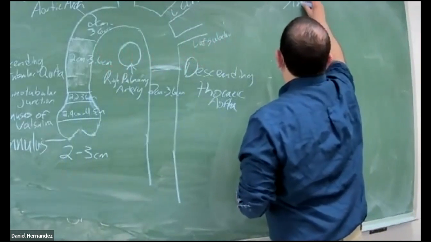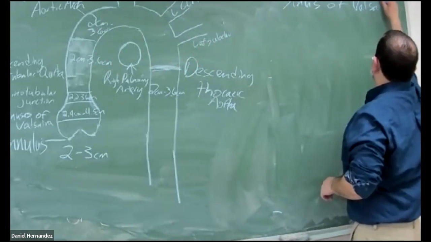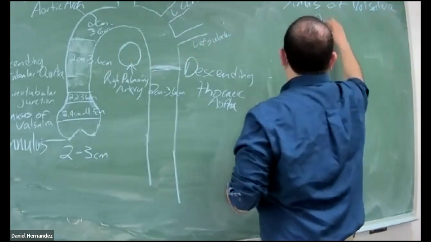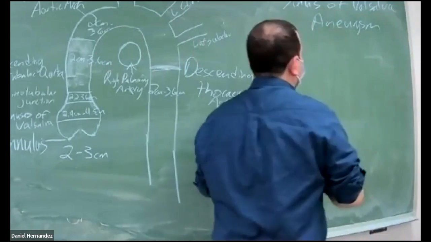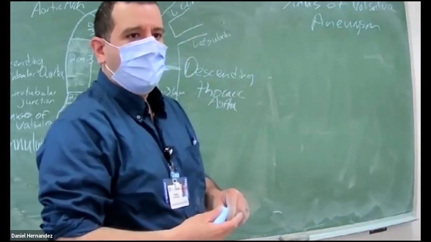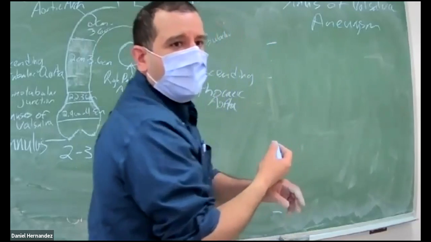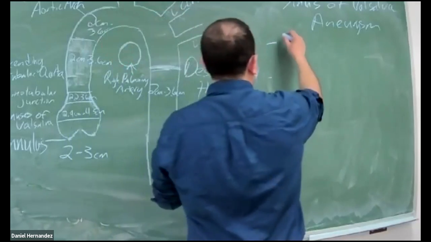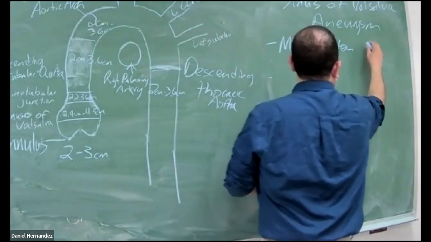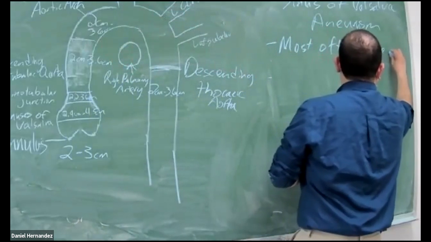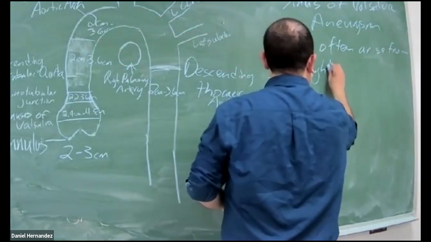And we have a sinus of Valsalva aneurysm. Sinus of Valsalva aneurysms most often arise from the right sinus.